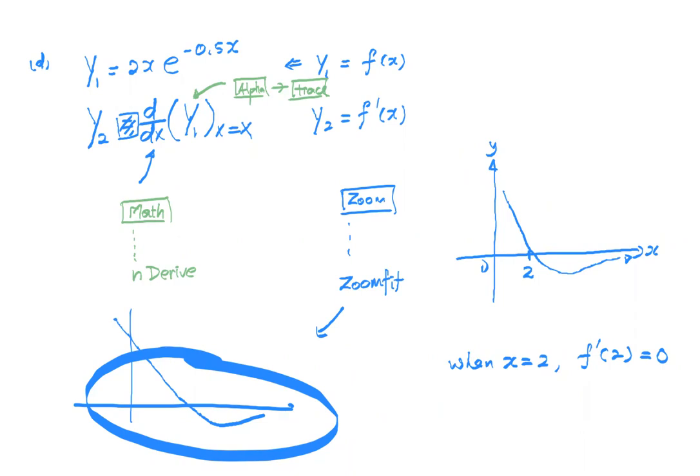Then I try to make this small also. Maybe I put 1. Then I straight away go to graph. Then this is also like what I get.